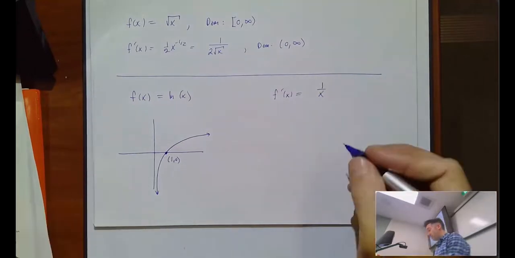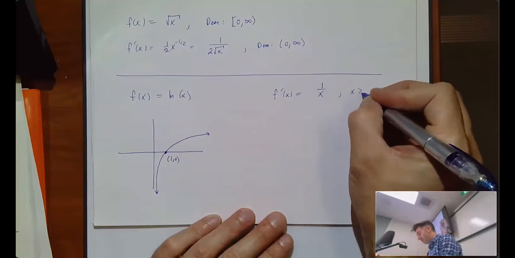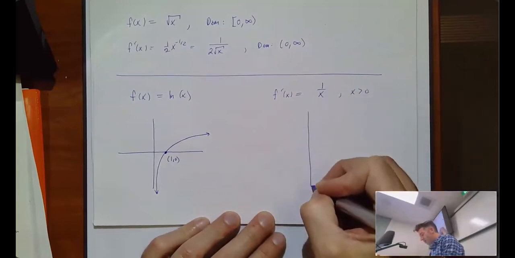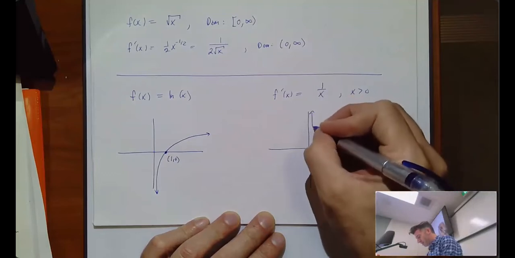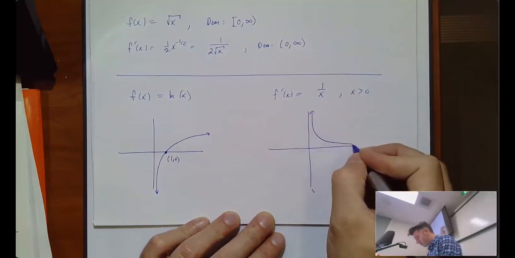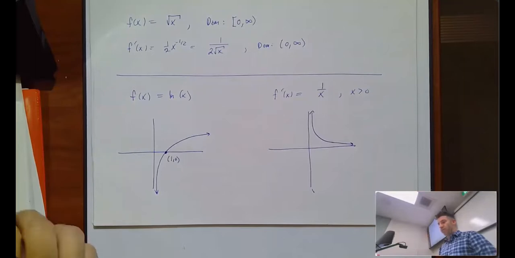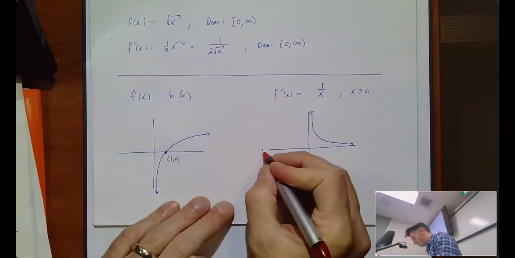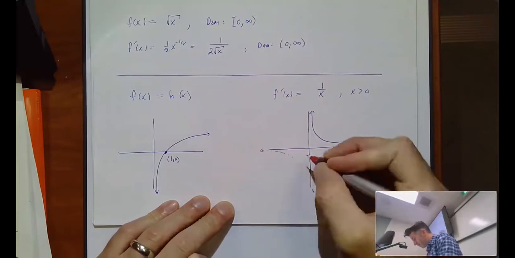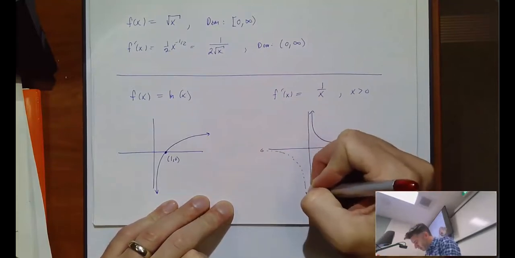It's only technically defined when x is greater than 0, even though we know that the normal domain for 1/x is everything positive and everything negative. So we're missing this whole other half of this function here.